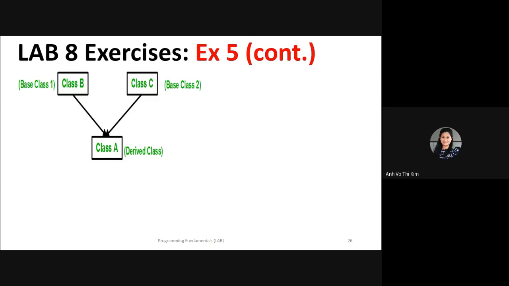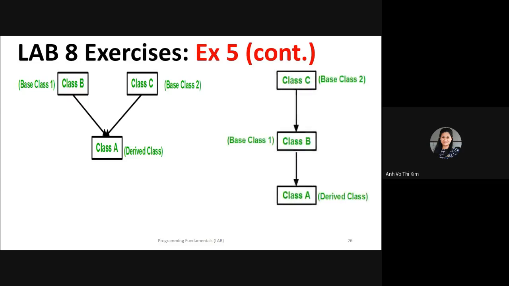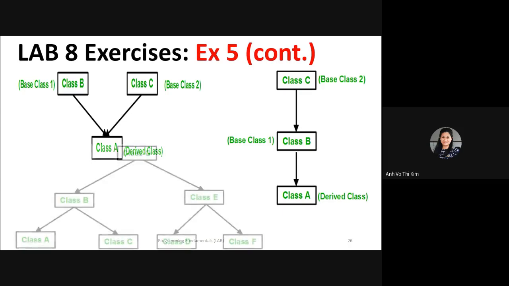Class A inherits, derived from two classes, B and C. Okay, or a class at two levels. You can see that class B is based on class C and class A is based on B. So we have a multilevel inheritance hierarchy.